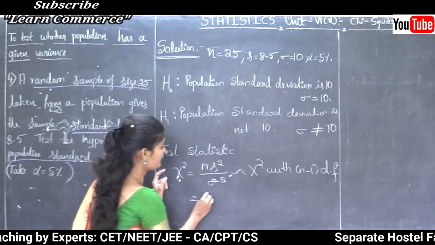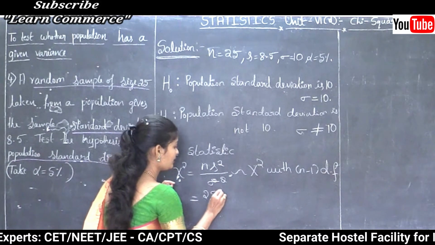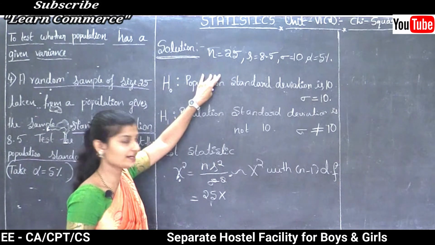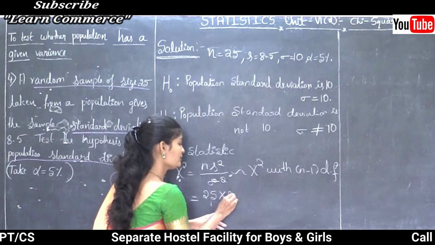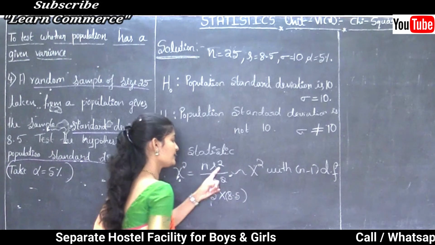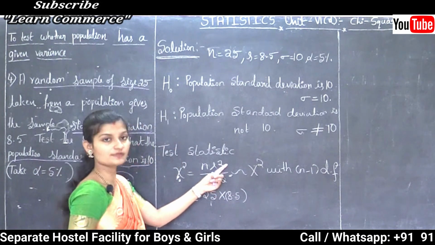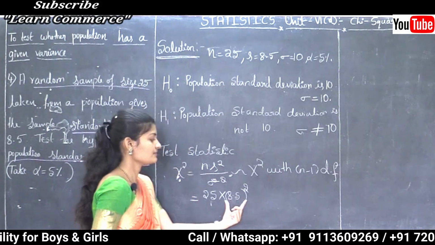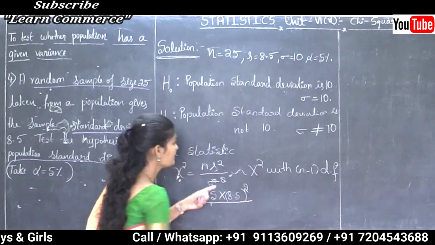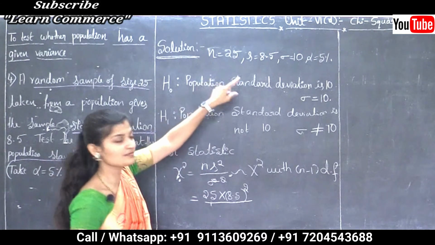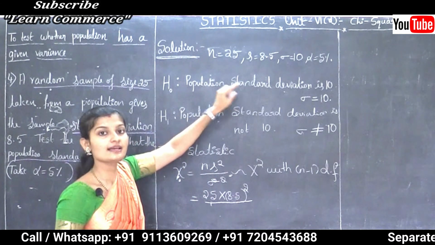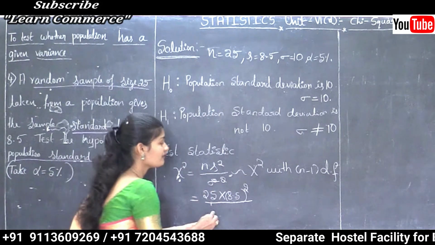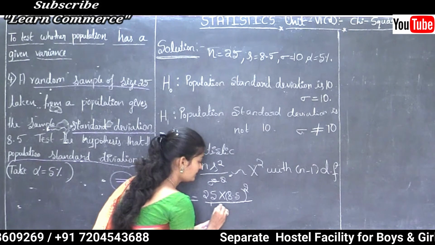Here n is 25 into s, the sample standard deviation, 8.5. We need the variance, so I will take the square of that value, divided by sigma, the population standard deviation. Here we need the variance, so I will take its square, that is 10 square.